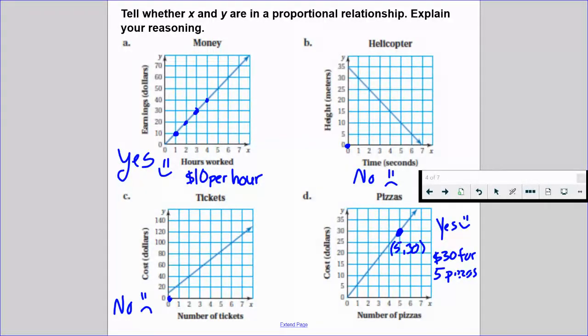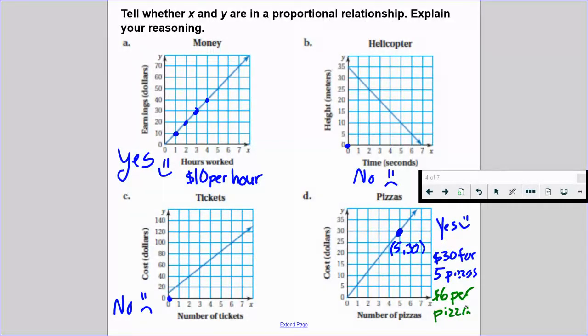Well, how much would one pizza be? What would the direct relationship be between the number of pizzas and the money that we are spending? How much would one pizza be? Yeah, it would be $6. $6 per pizza.